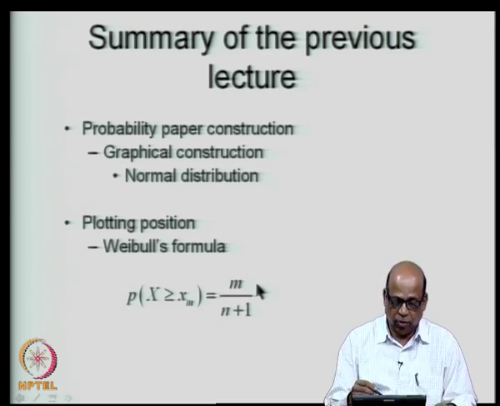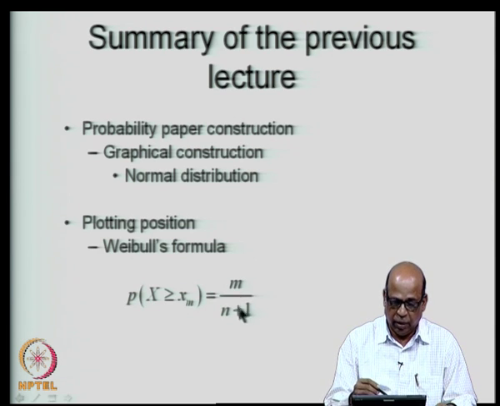I enumerated a number of plotting position formulae, but we also saw that Weibull's formula, which is given by P is equal to m divided by n plus 1, is the most widely used formula in hydrology, where m is the rank when you arrange the data in descending order and assign the highest rank number 1 to the largest value, and n is the number of values.